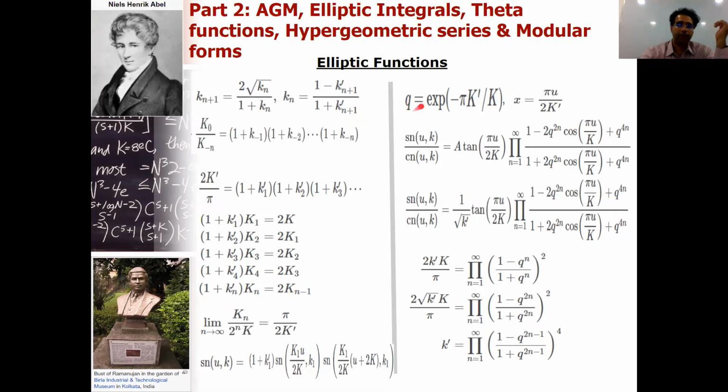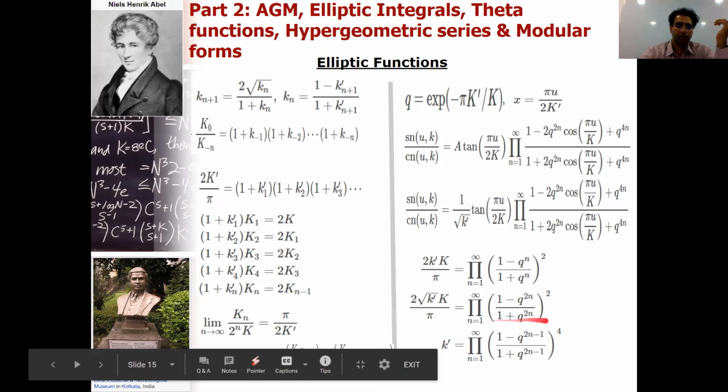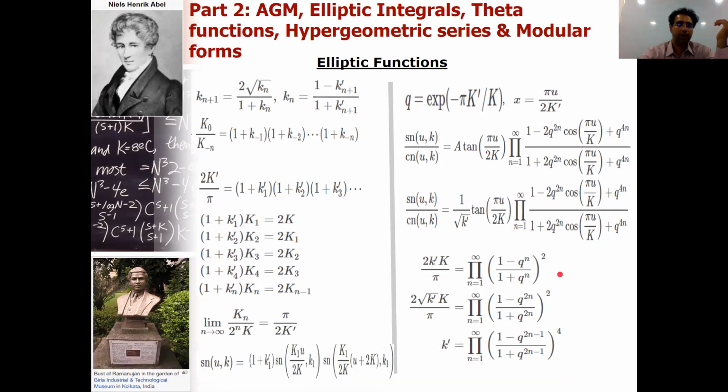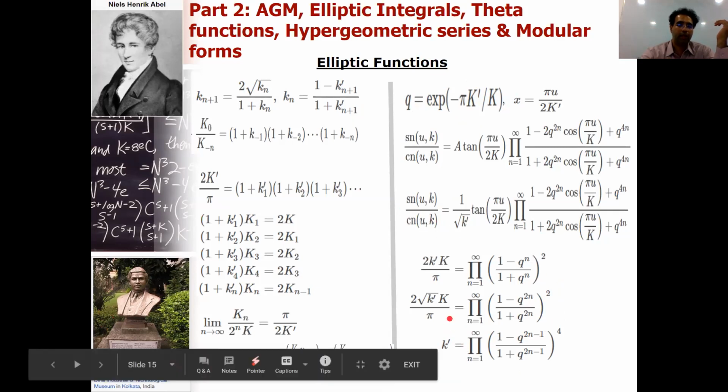And then you find that if you put q equal to e power minus pi capital K dash by capital K, you're able to express the modulus k dash or k in terms of infinite products of q itself. And you get to that through using the elliptic functions, the relations among them, Sn, Cn, and Dn, and then you arrive at this relation.